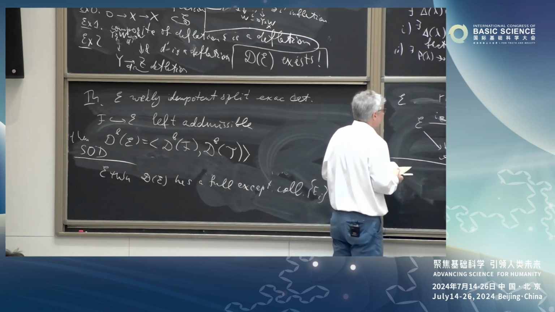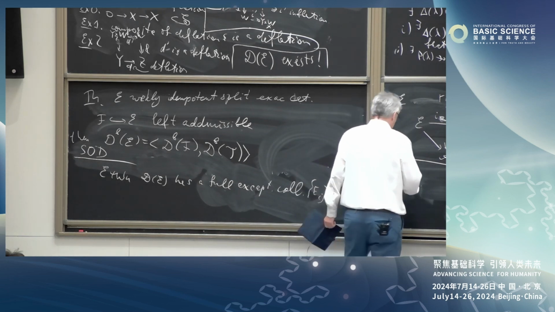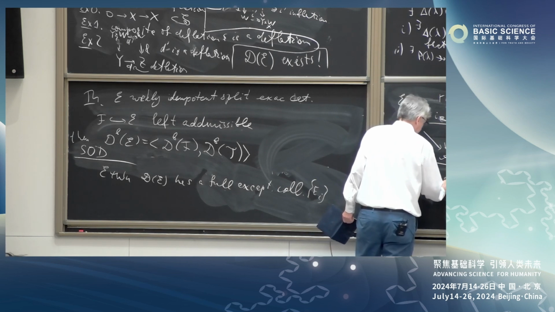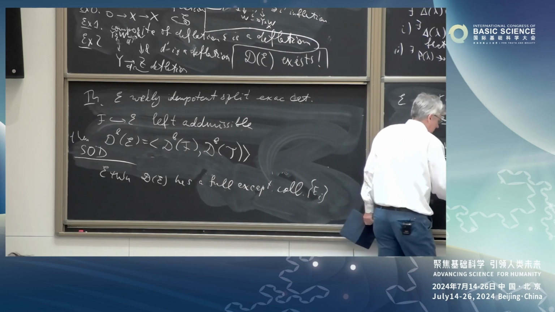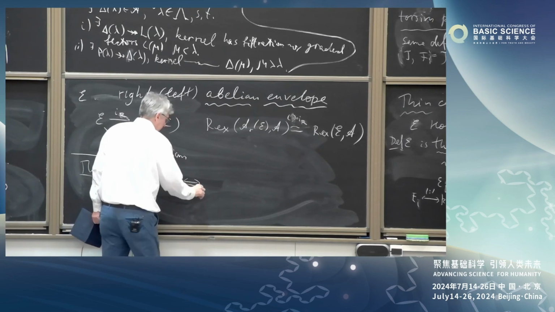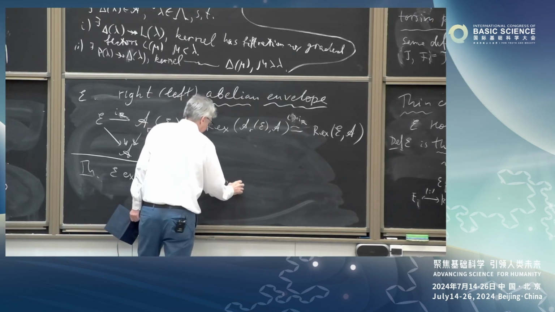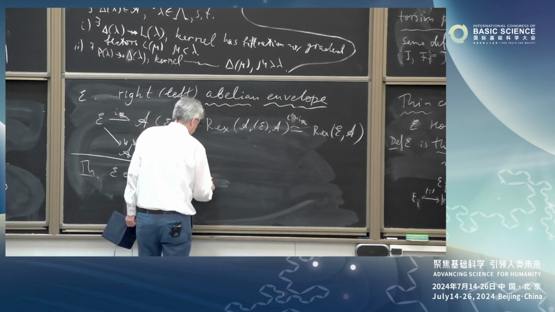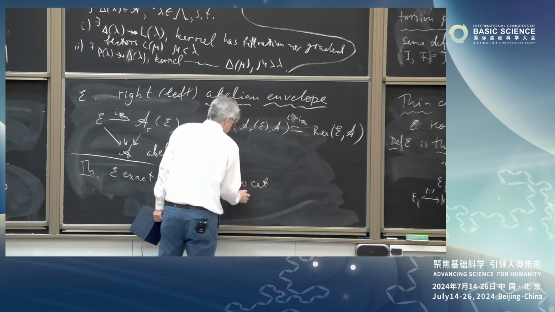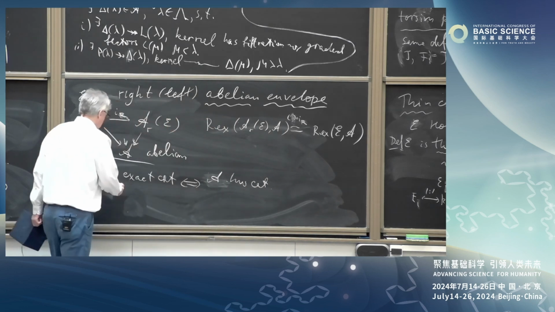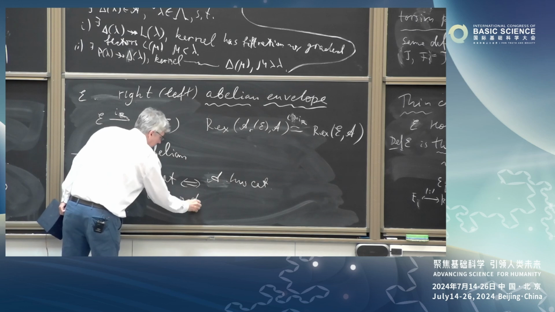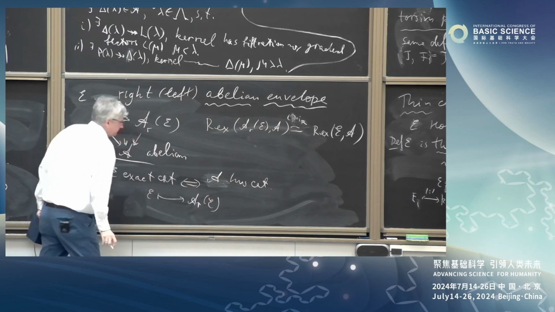So the claim, let me formulate it shortly, is that thin exact categories is exactly the same as highest weight categories, and the transfer from here to here is: to E you assign the right exact envelope.